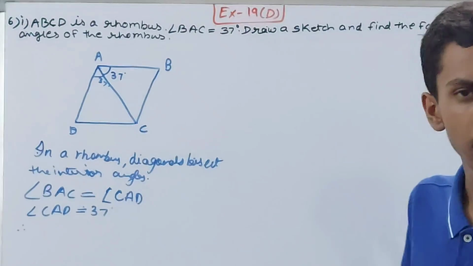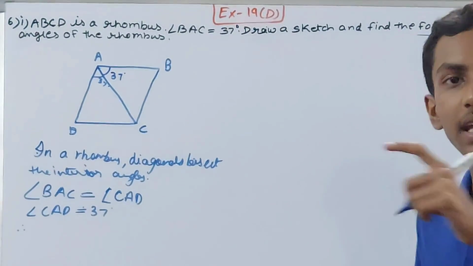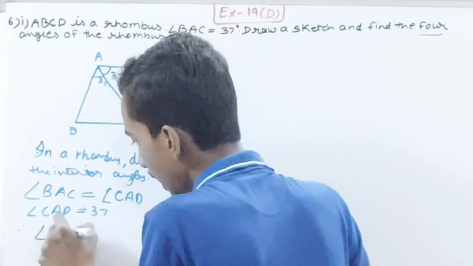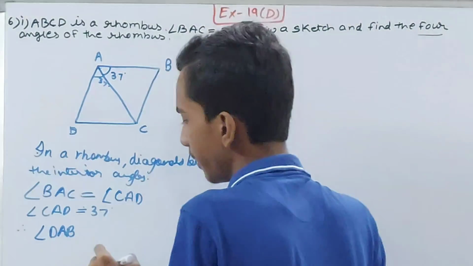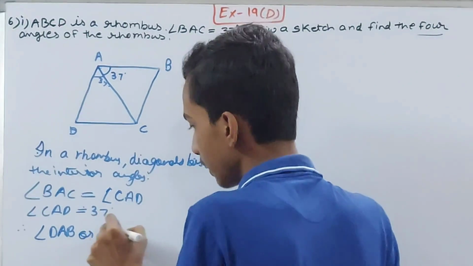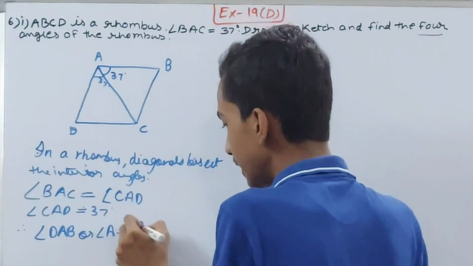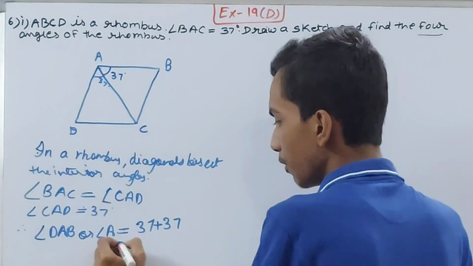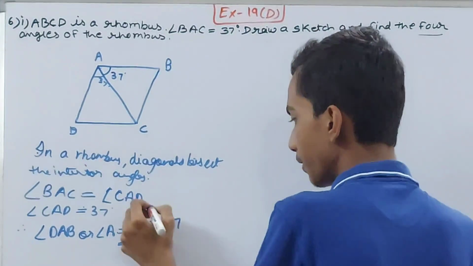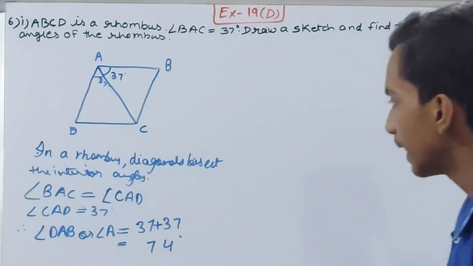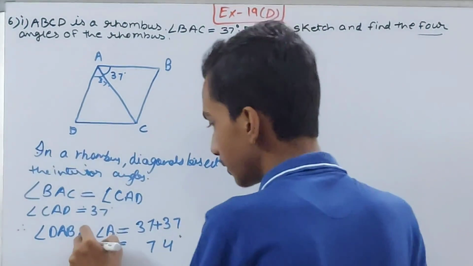The whole angle DAB, or simply you can say angle A, will be equal to 37 plus 37, this part plus this part, which is 74 degrees. That is the first angle we have taken out.